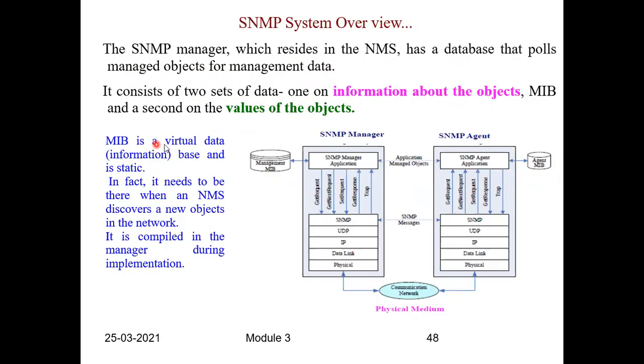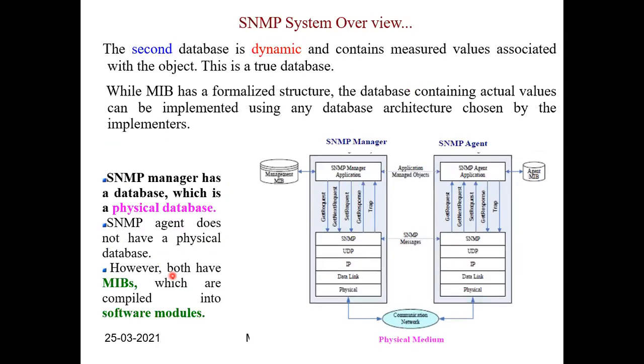Now, what is MIB? MIB is a virtual database and it is static. In fact, it needs to be there whenever an NMS discovers a new object in the network, and it is compiled in the manager during the implementation process. Continuing with the database, the first one was a static database.